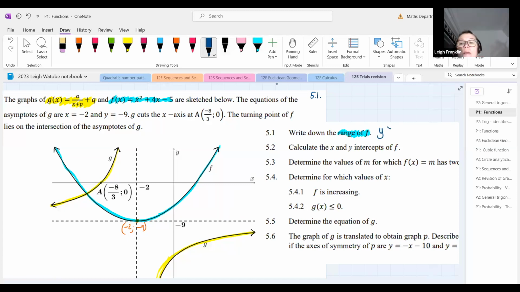Either y is greater than or equal to -9, or if we want to write it using interval notation, we can say y is an element of, and then -9 is our smallest number and positive infinity is our biggest. We are including -9. In this question on range, we include the -9 because it is an output of the function.